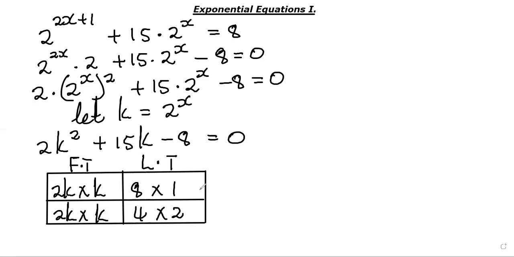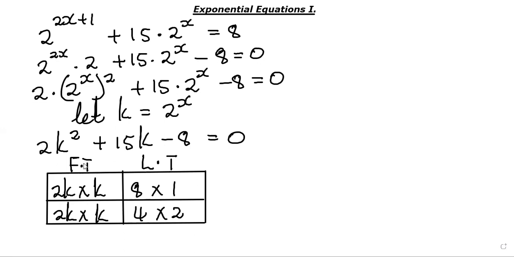So here we are looking for a combination of factors such that after saying something times something and something times something, if we add or subtract those two somethings, like the product of those two somethings, the answer must be 15k. What am I saying?